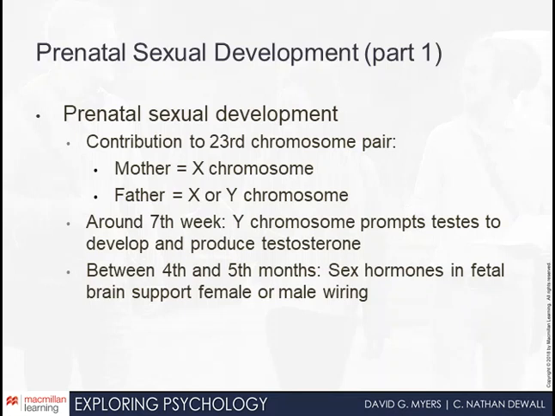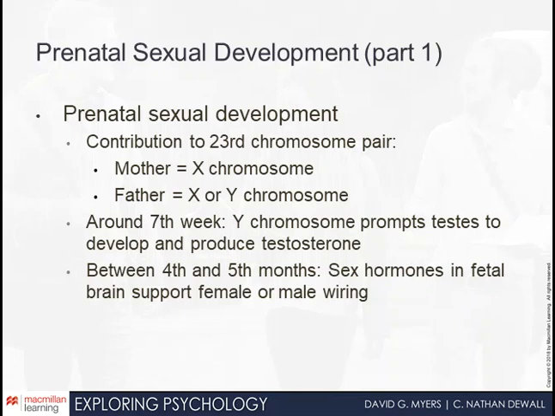Between the fourth and fifth months, sex hormones and the fetal brain support female or male wiring. So the sex hormone during the fourth and fifth months will have some influence on fetal brain development, either wiring the brain in a more female fashion or in a more male fashion.